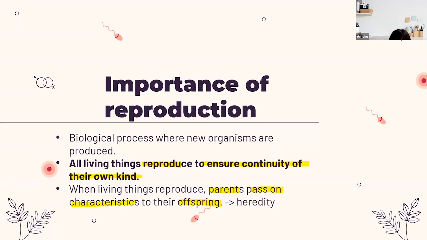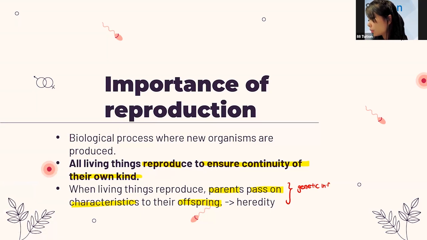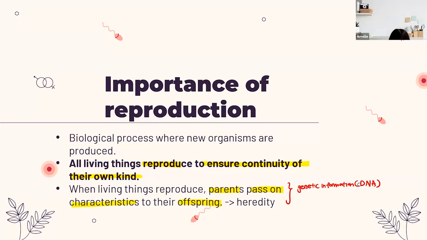Yes. Okay, where is it found? Where is the genetic information found? Your DNA. Very good. Where is the DNA found? In the nucleus. Very good. Found in the nucleus.